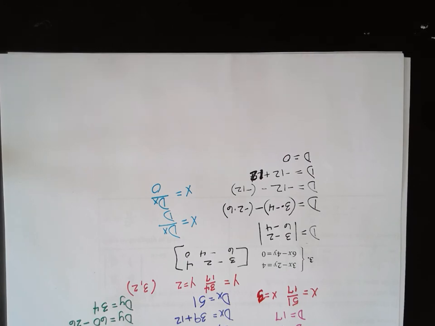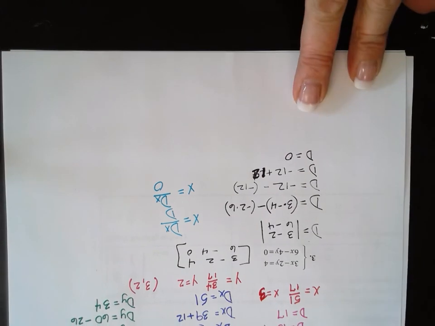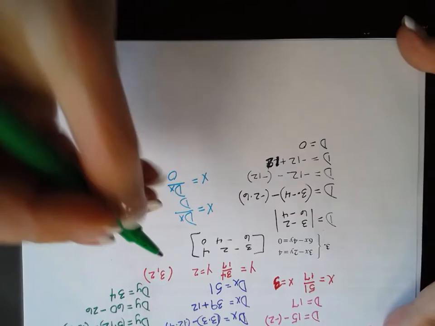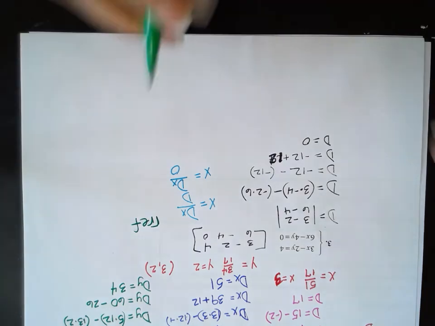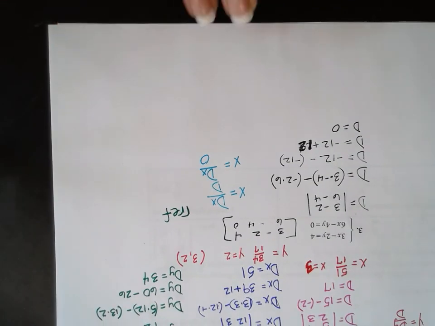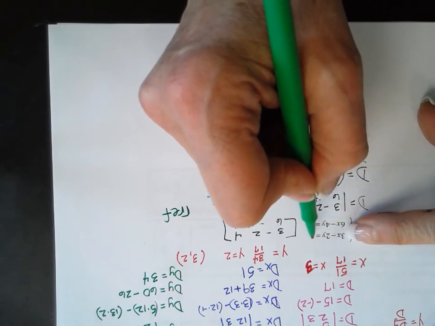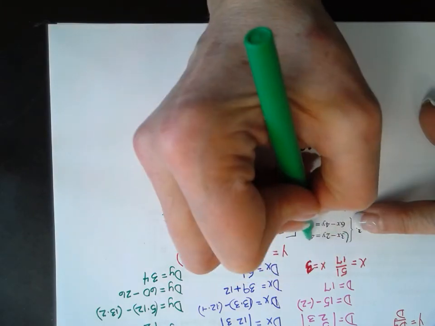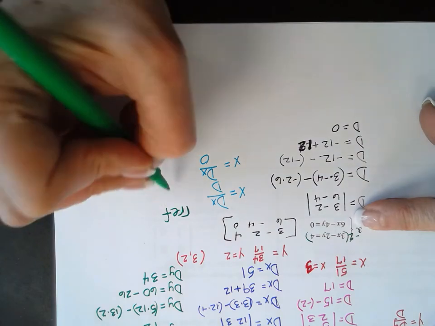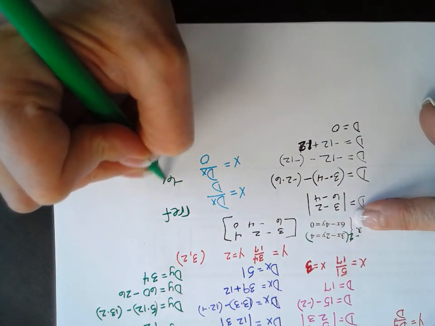What method can you use to solve it? Well, you can throw it in your calculator and do the RREF if you want. Or you could do it algebraically. I'm going to multiply that by 2, negative 2, so negative 6x.